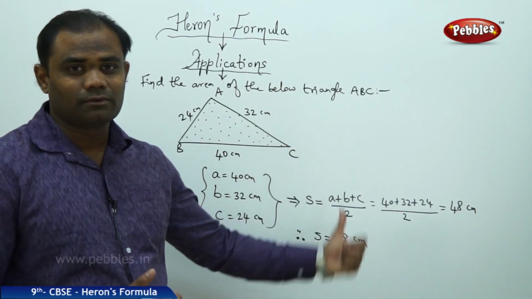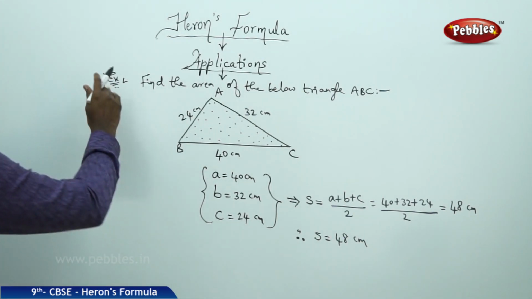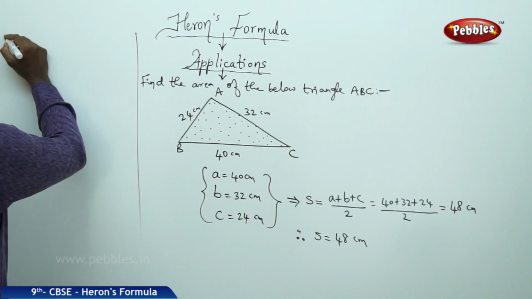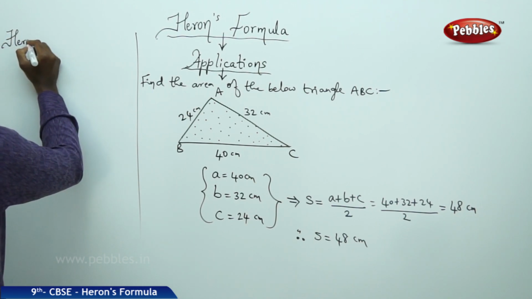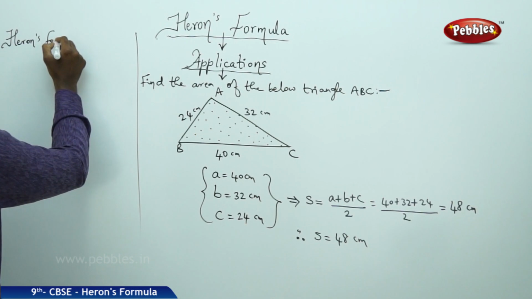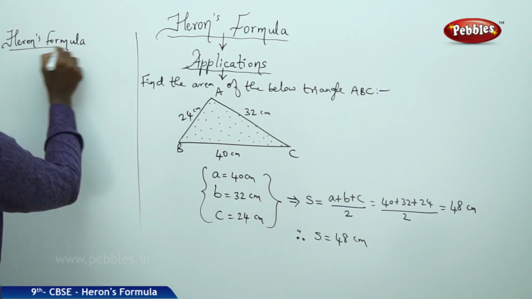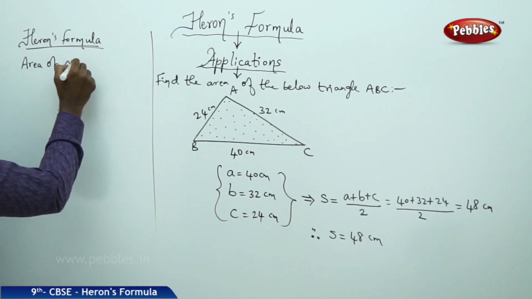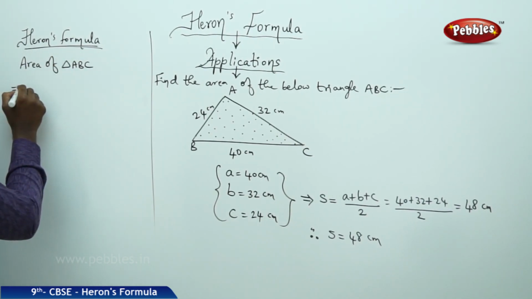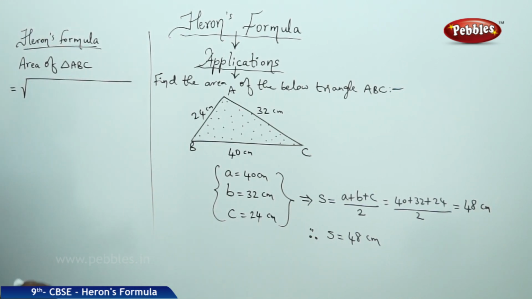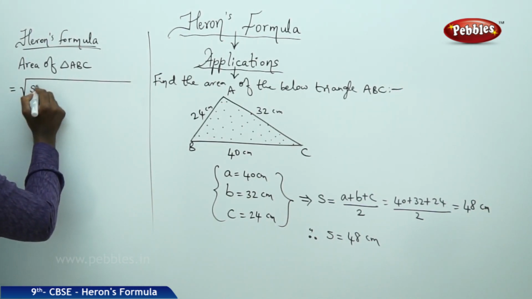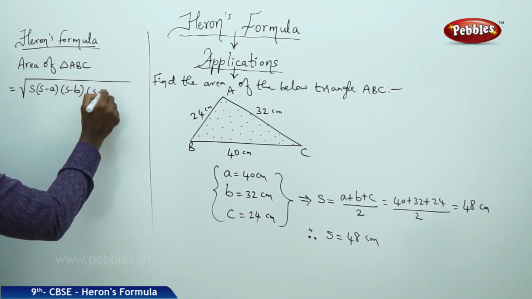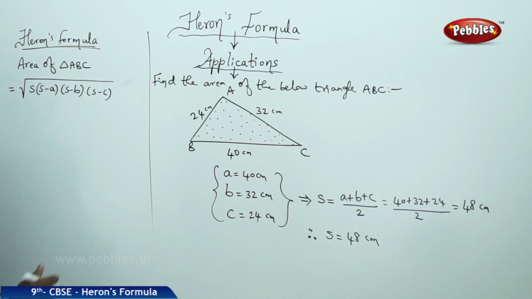So let's see how we can apply Heron's formula. Let's get back to Heron's formula, which says that area of triangle ABC is given by root of S into (S minus A) into (S minus B) into (S minus C).